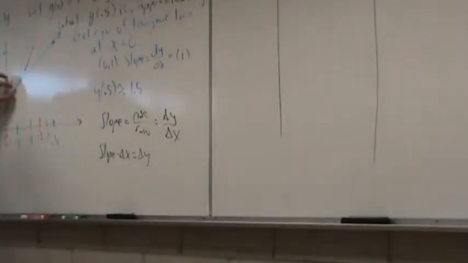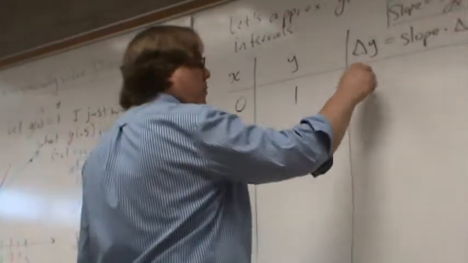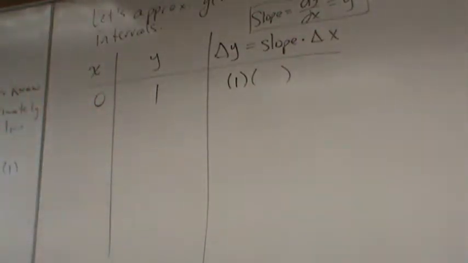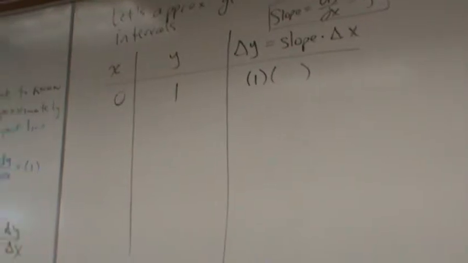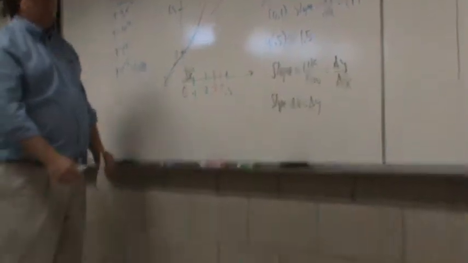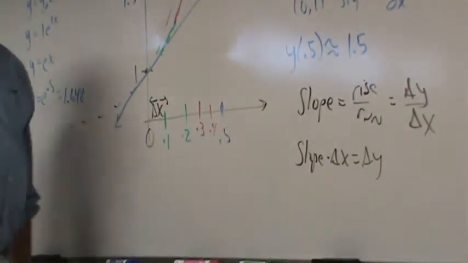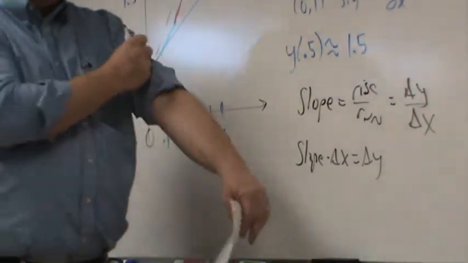I'm going to get how much up I have to move. My slope is going to be 1. My change in x, because I've chosen 5 intervals, is going to be 0.1. I'm always going to be going over in increments of 0.1. Why 0.1? Because I'm trying to find y of 0.5, and I decided randomly to choose 5 intervals.